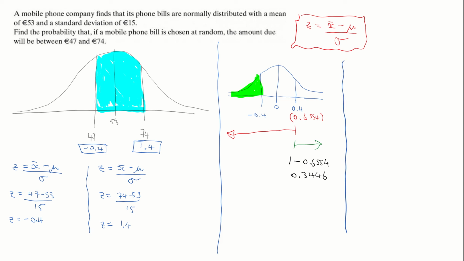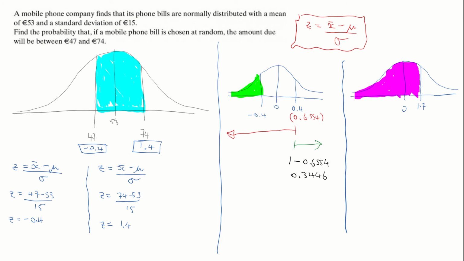Next thing I'm going to do, I'm going to do the same thing again. I'm going to draw my bell curve. And I'm going to mark in the €74 z-score. And I'm going to find it from my log tables and turn that into a probability. And again, just remember, you read it from right to left.